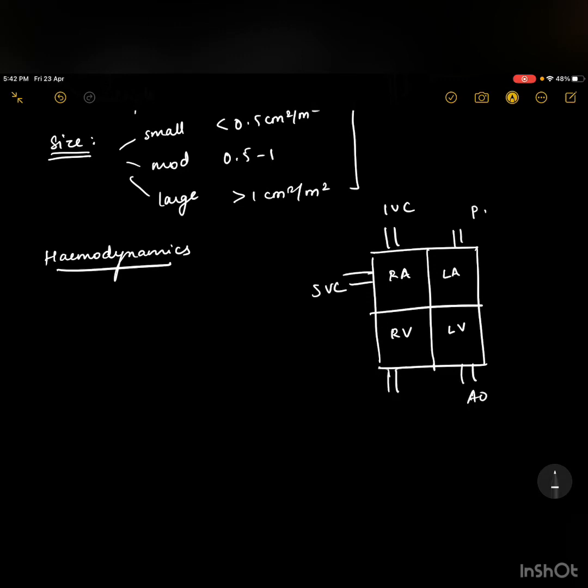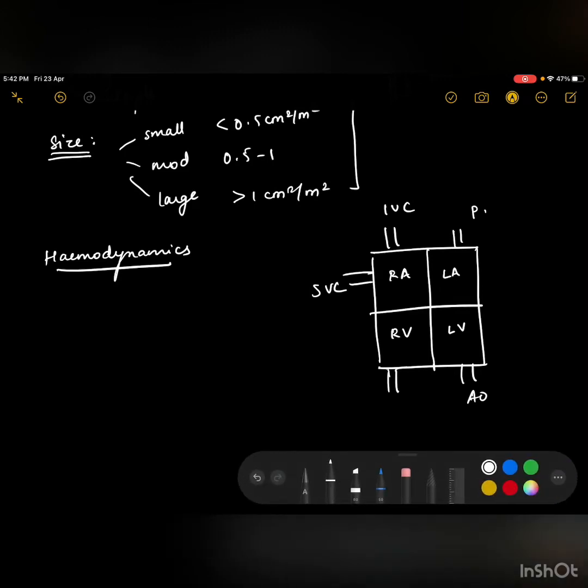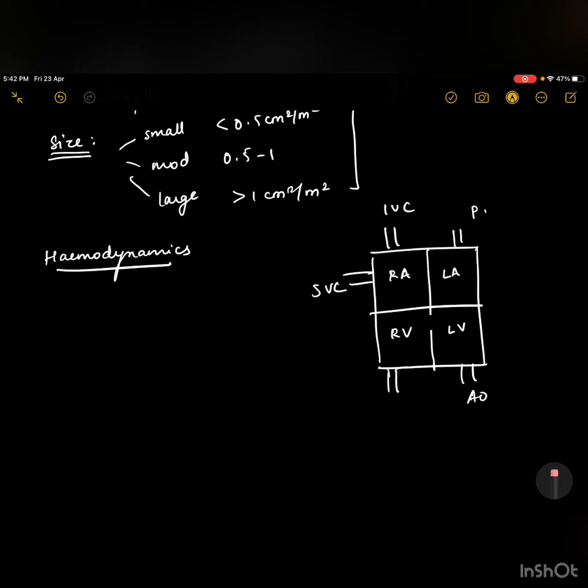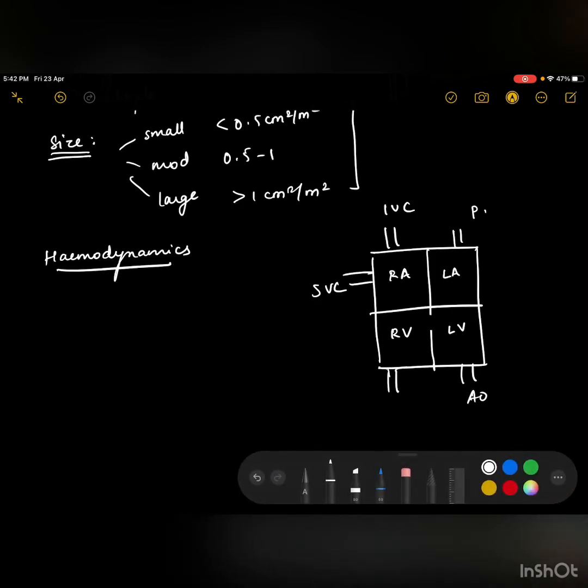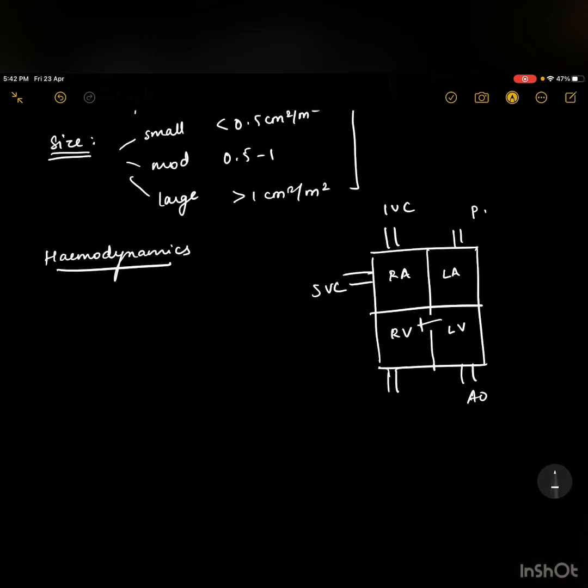Firstly, in a ventricular septal defect there is a defect in the septum, and due to the pressure gradient between both the ventricles, there's going to be blood flow through this defect, and this blood flow is always left to right. This is because left ventricular pressures are higher than right ventricular pressures, and also because the left ventricle contracts earlier than the right ventricle.